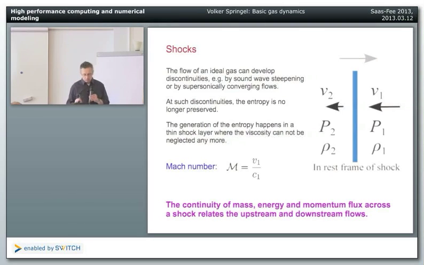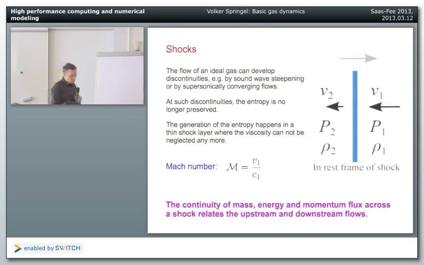So the continuity really must apply only to the mass flux, the energy flux, and the momentum flux. Because if I make this little box infinitesimally small, and these fluxes were different, then it would mean that somehow mass accumulates in there, or energy accumulates in this region. And that can't go on for a long time, if it can go on at all. So the continuity in the flow applies to the mass flux, the momentum flux, and the energy flux.